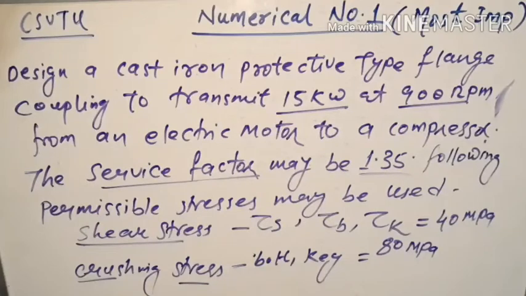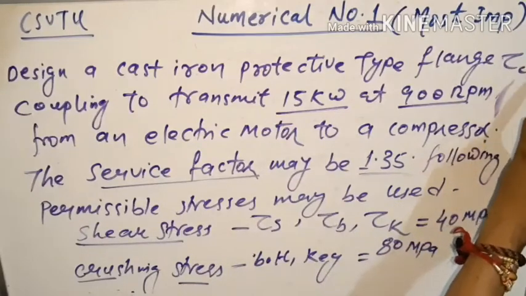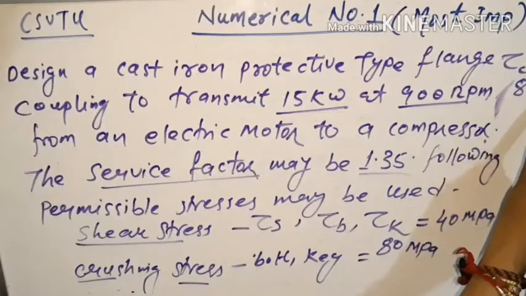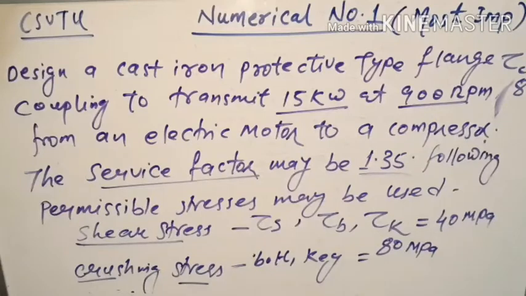And one more remaining, the shear stress for cast iron, that means the flange, tau c, is equal to 8 megapascal. Remember, 8 megapascal. Then draw a neat sketch of this coupling.